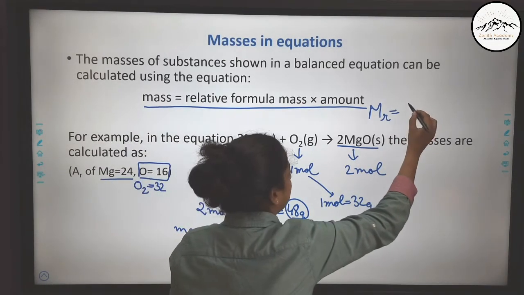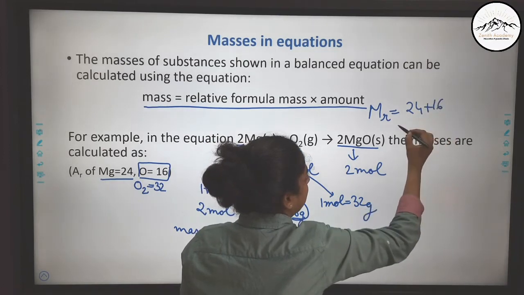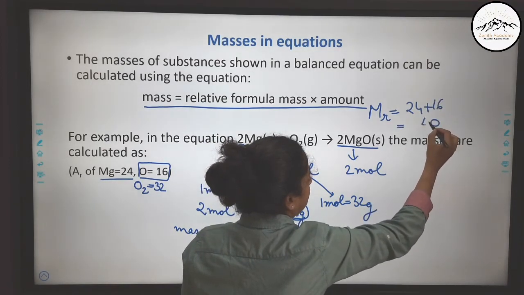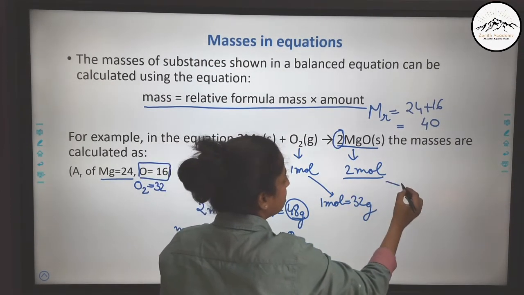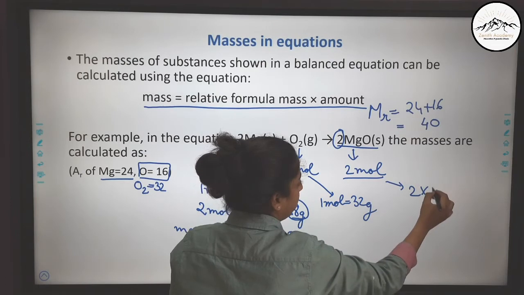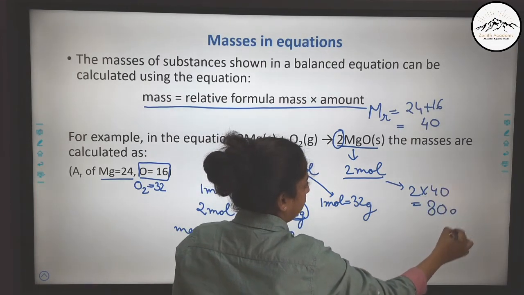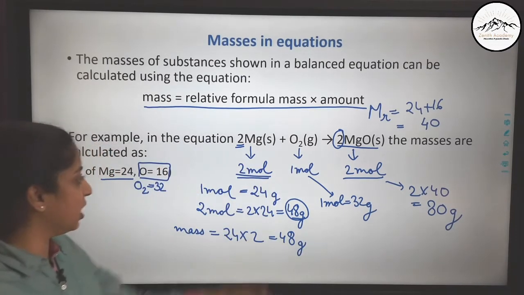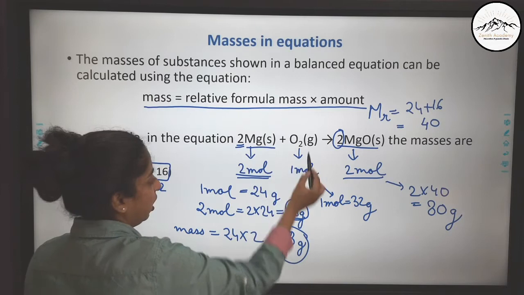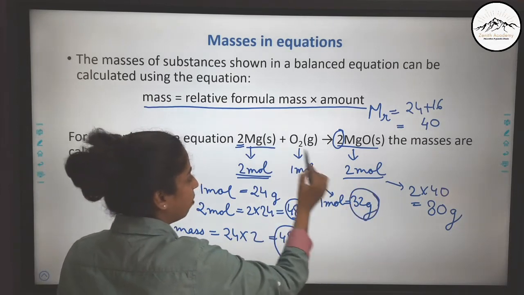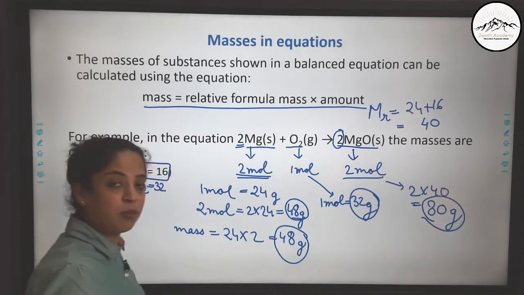Mg is 24 and O is 16, so it becomes 40. And since there are 2 moles here, it is 2 into 40, which is 80 grams. So from this equation we can say that 48 grams of Mg reacted with 32 grams of oxygen to form 80 grams of magnesium oxide.